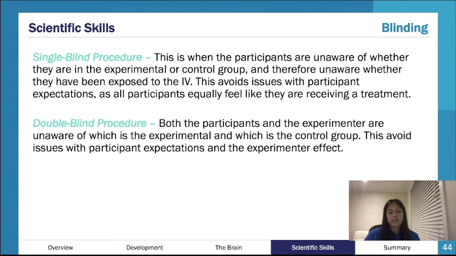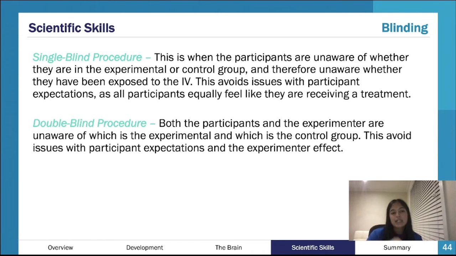You don't want an individual's age or IQ or expectation of what the drug will do to influence their results, practicing, the order effect. You don't want any other variable that is not this drug to cause a change in their memory ability, basically.